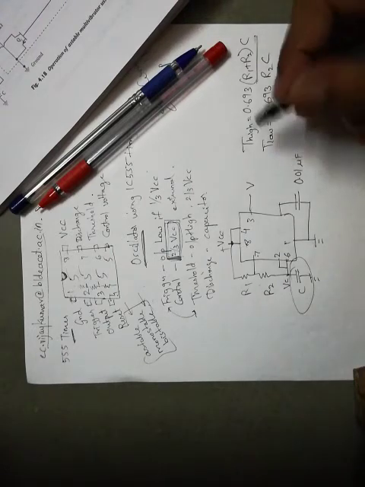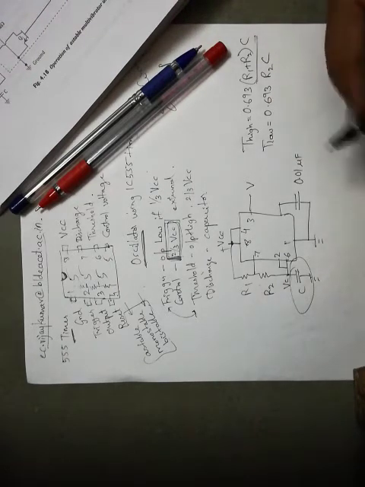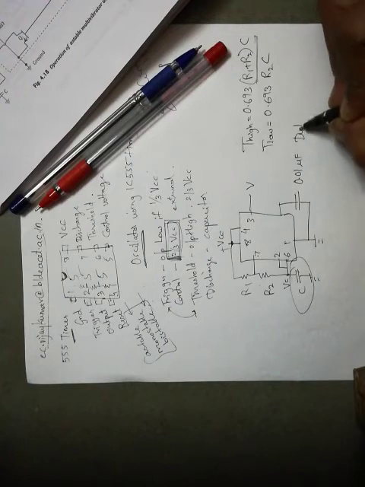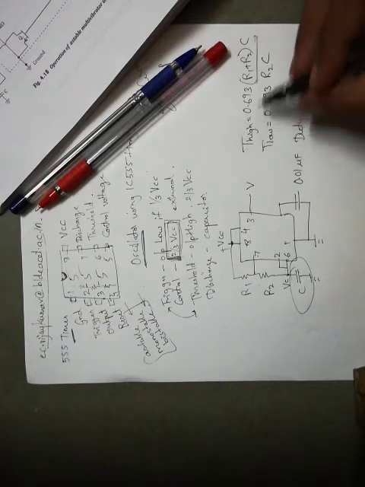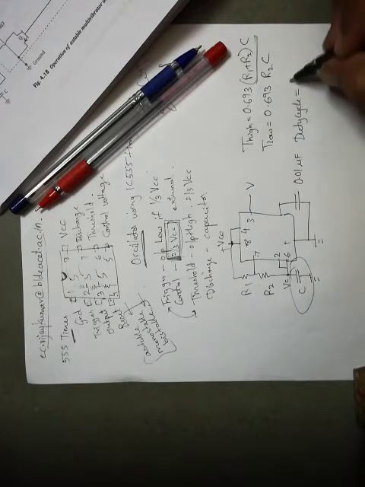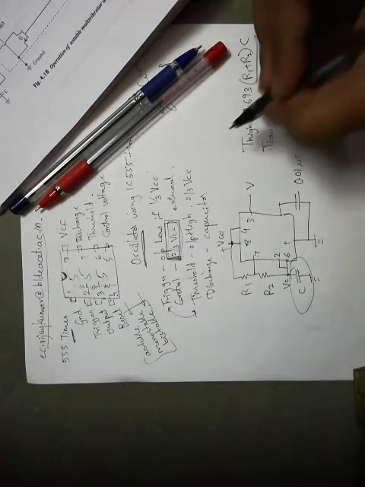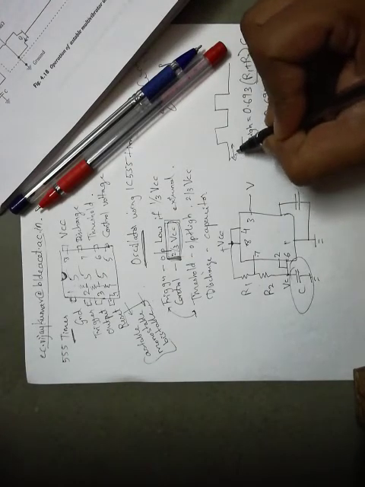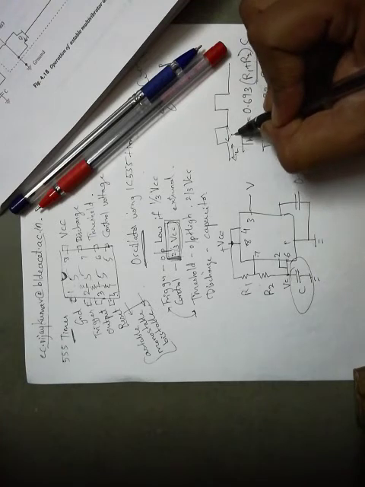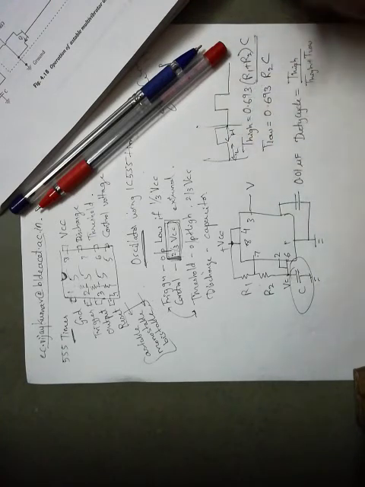So our output duty cycle, or also called on and off period, is given by T high plus T low. This is a standard equation. We'll take an example. Say this is our low time, this is our high time, this will be our period.